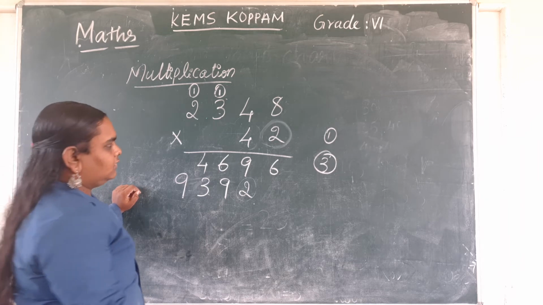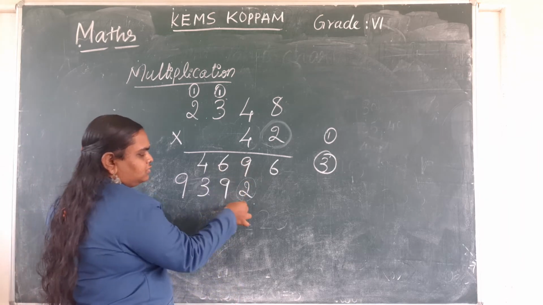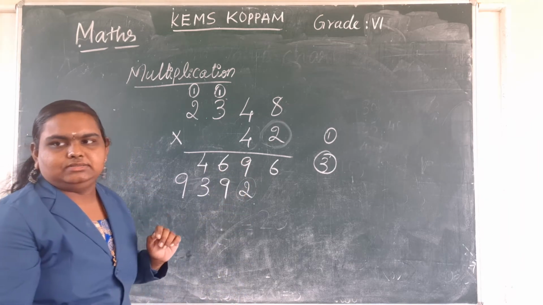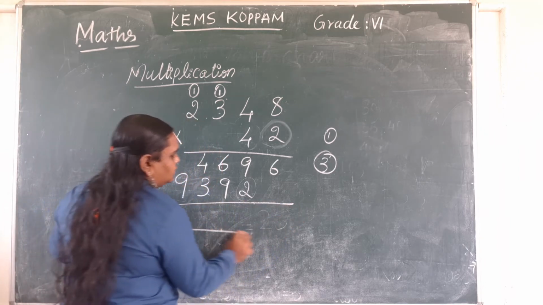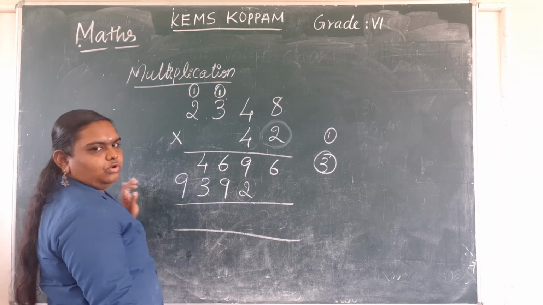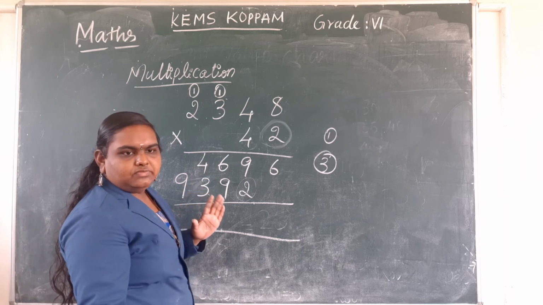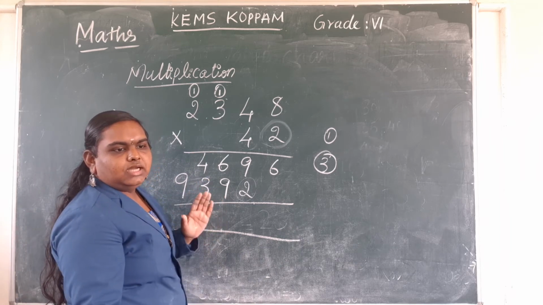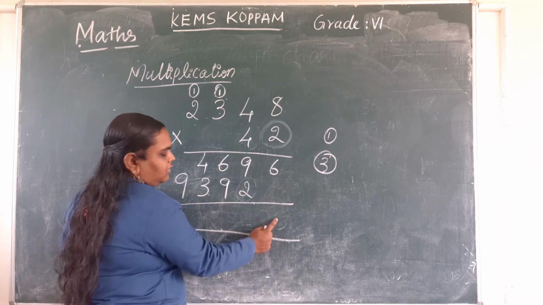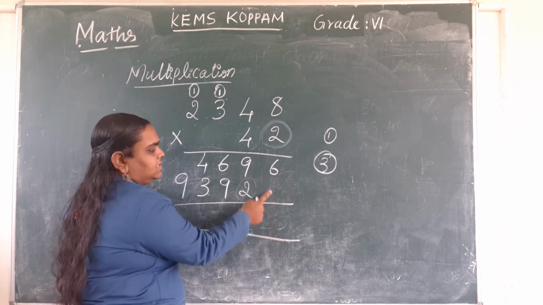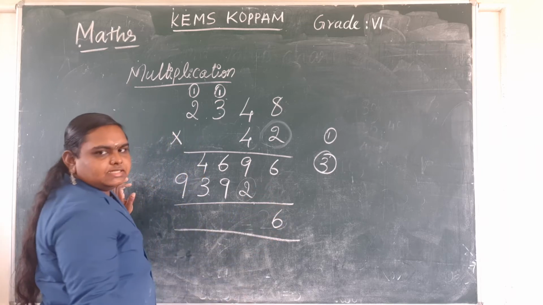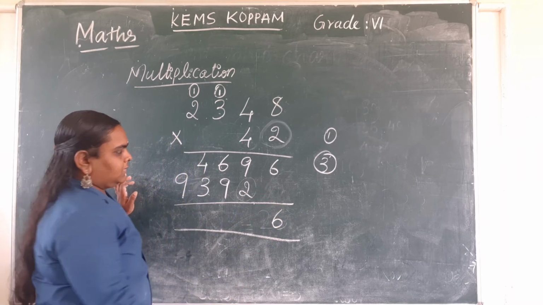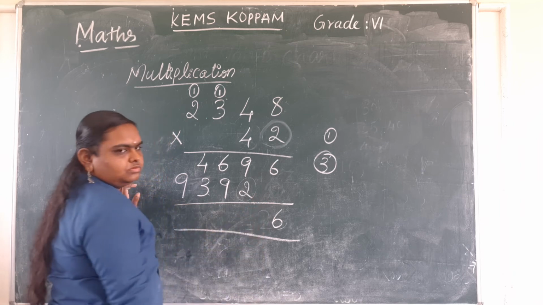Okay. Now these two numbers should be added. Then you all know to add. In the previous class we have learned addition. So first you have to write the ones place. There is no number, so we can write the 6 as the answer. Okay. Next 9 plus 2.